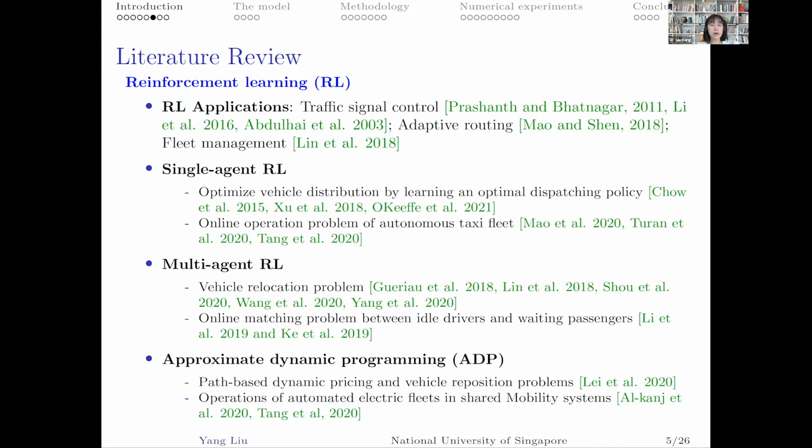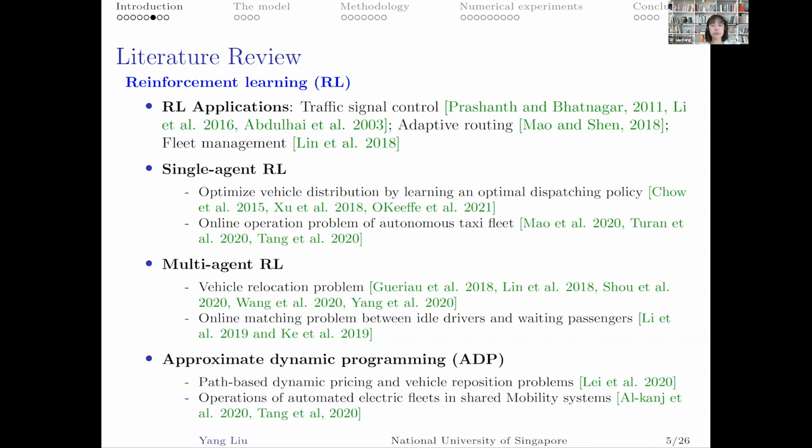Reinforcement learning can be categorized into two areas. In single-agent reinforcement learning, the centralized decision maker, which is usually the operator or the platform, optimizes the vehicle operational decisions. And in the decentralized multi-agent reinforcement learning area, we consider the behavior of drivers.